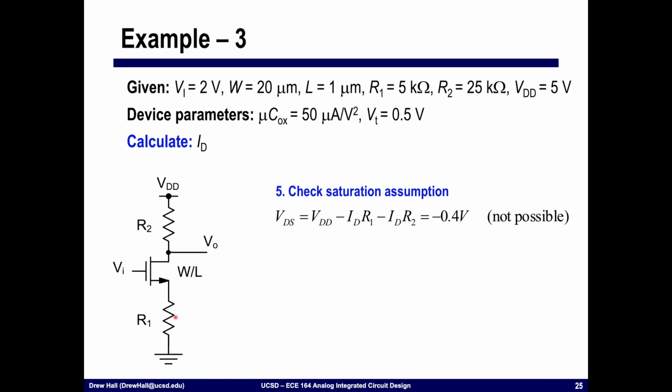In this case, VDS would be minus 400 millivolts. And so this particular circuit cannot have VDS of minus 400 millivolts. If it has a VDS of minus 400 millivolts, that means that the device is not in saturation. And so what this means is that I get to get really, really annoyed, and we have to redo all of these calculations, now assuming the device is in triode.